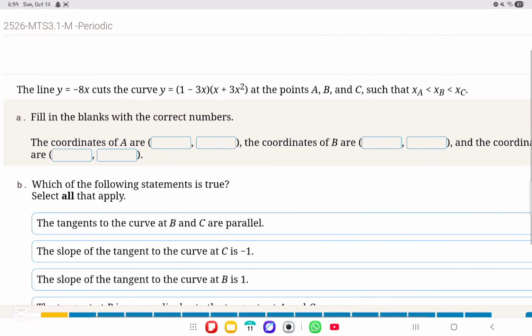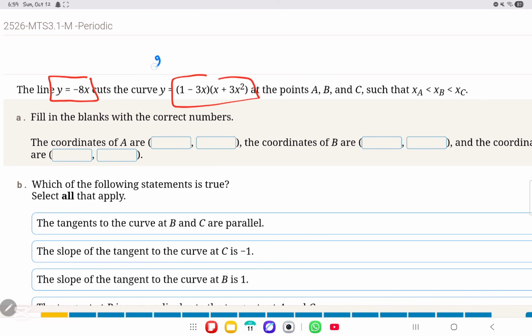Okay, the line y equals minus 8x cuts the curve y equals this at the points a, b, and c such that x of a is smaller than x of b is smaller than x of c. So, before we start anything, let us expand the equation of the curve.